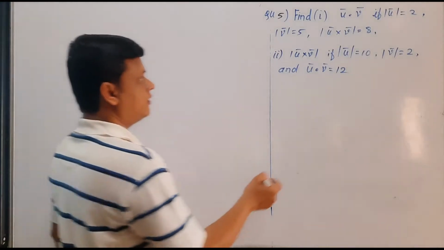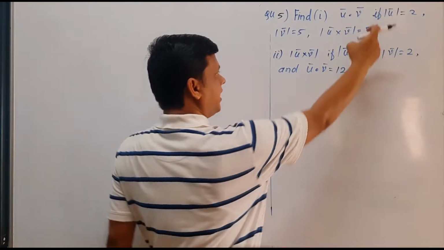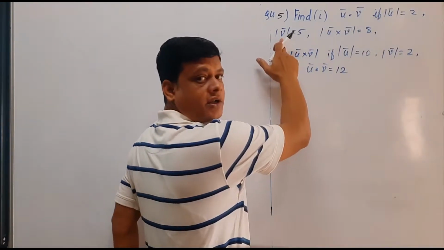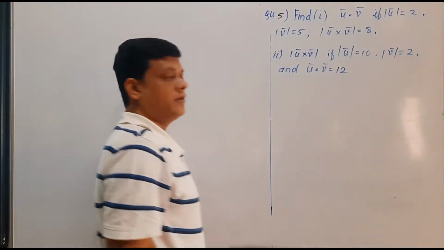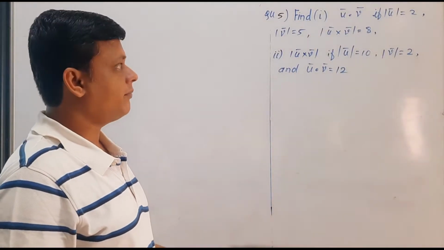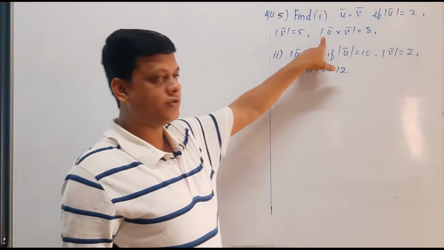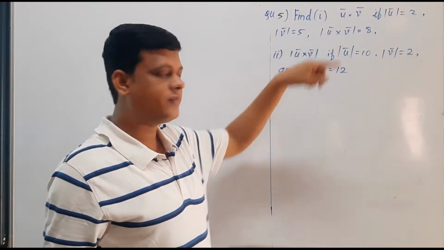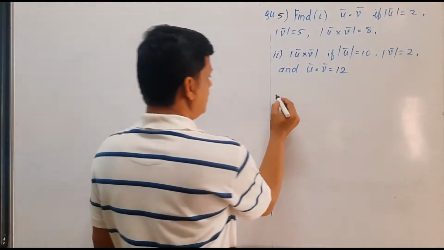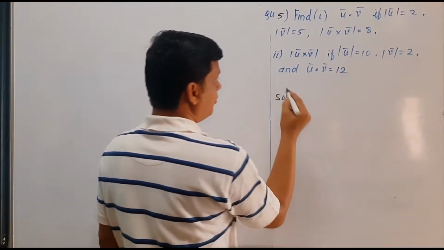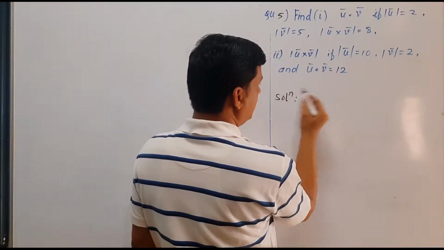Now see here. We have been provided the magnitude of vector u, the magnitude of vector v, and the magnitude of the cross product. That means we have to use the cross product here. So we know the definition of cross product, and first we write the definition.